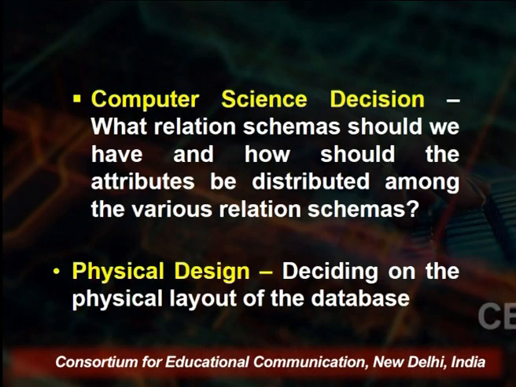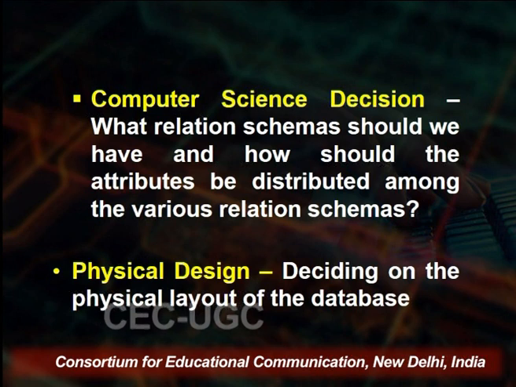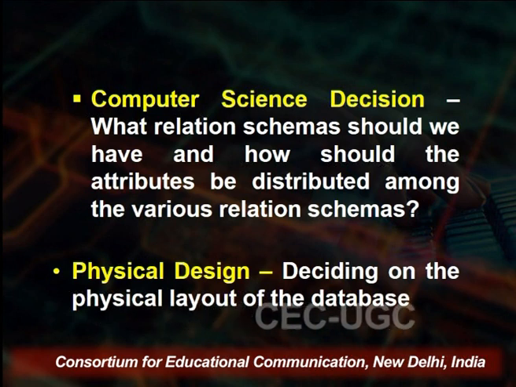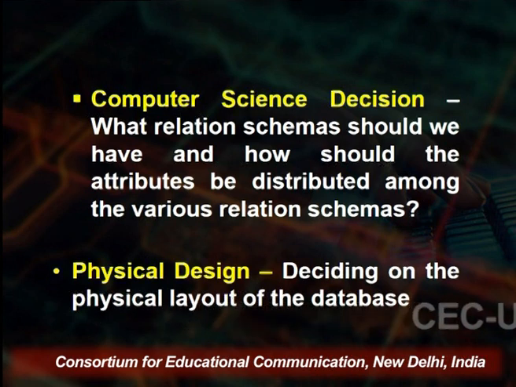What attributes are we going to record in this database is going to be a business decision, what information is going to be represented, while here we will be involving a computer science decision in terms of what relational schemas should we have and how these attributes should be distributed among the various relational schemas. So what relationship various tables in this schema are going to have.